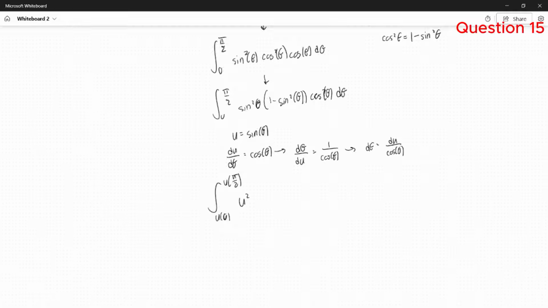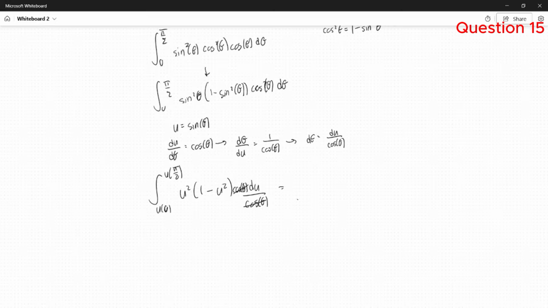This would become u squared times 1 minus u squared, and then du over cosine theta, plus a cosine theta right here from before. However, these simply cancel out, and what we're left with is the integral from 0 to 1 of u squared times 1 minus u squared du.